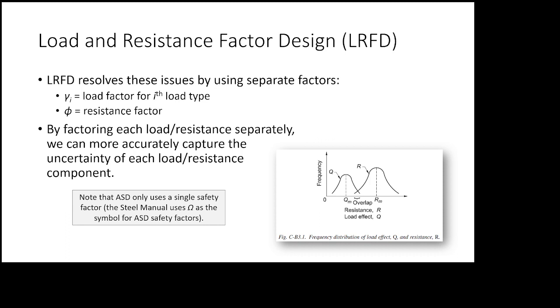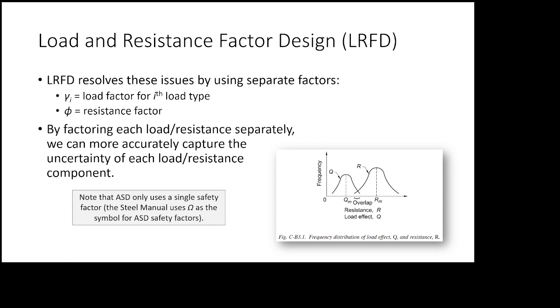The load factors and the resistance factors that we utilize have been calibrated to such an extent that they generate structures of uniform levels of safety. And the probability of failure is so incredibly low that, should you design appropriately, your structure is not going to fail. That's not going to be an issue.